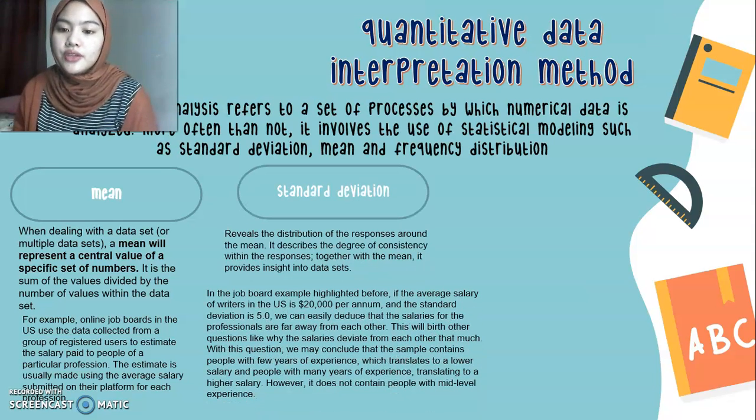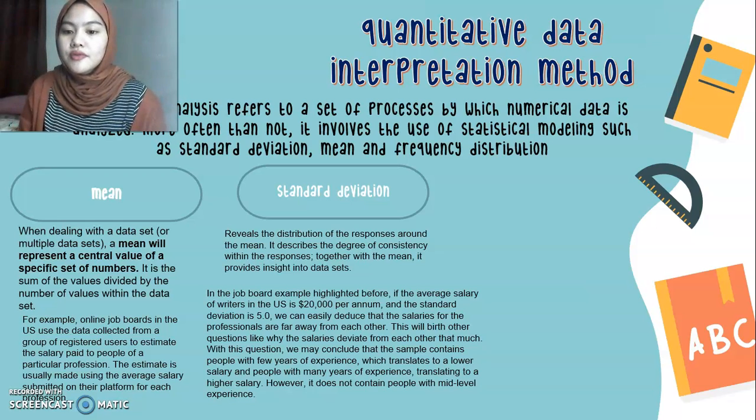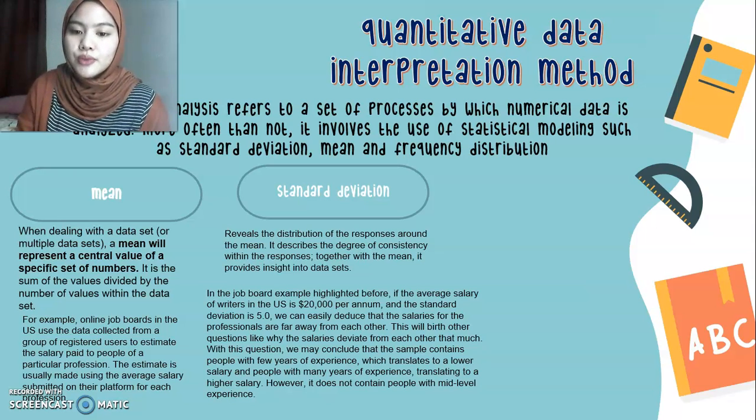Second is standard deviation. Standard deviation reveals the distribution of the responses around the mean. It describes the degree of consistency within the responses together with the mean. It provides insight into data sets. In the job board example highlighted before, if the average salary of a writer in the United States is $20,000 per annum and the standard deviation is 5.0, we can easily deduce that the salaries for the professionals are far away from each other.